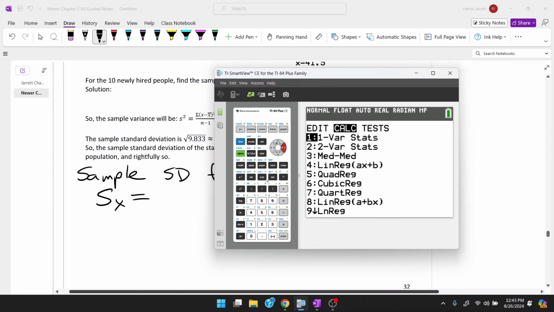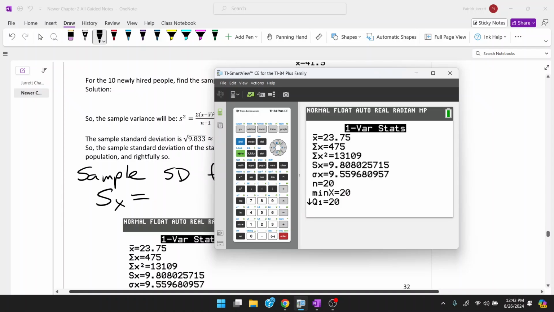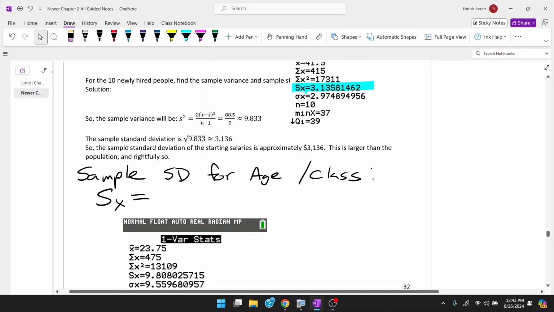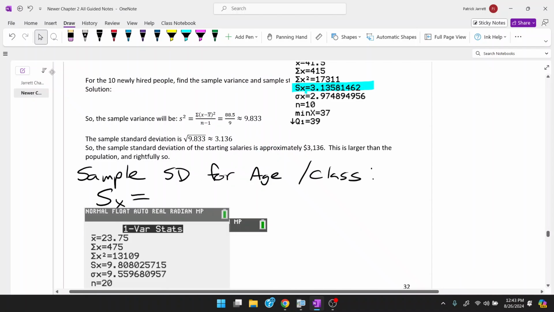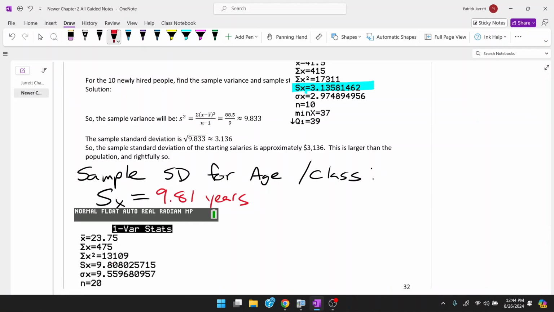So we're just going to use the calculator and figure out what this is. And if you notice, the sample standard deviation is 9.81 years. Now, keep in mind, standard deviation, again, is how spread out the data are.